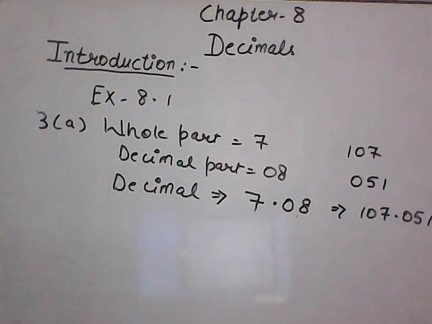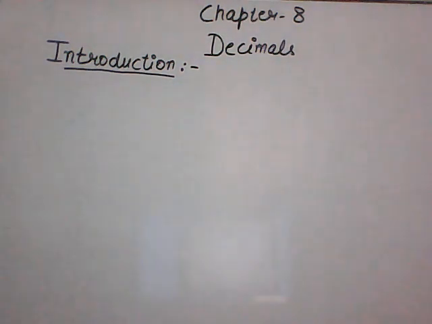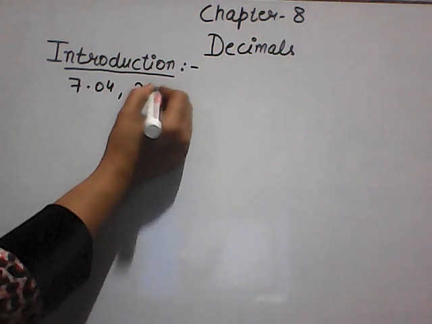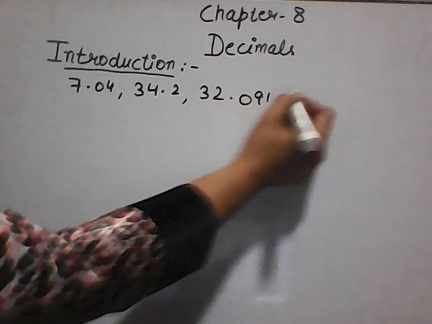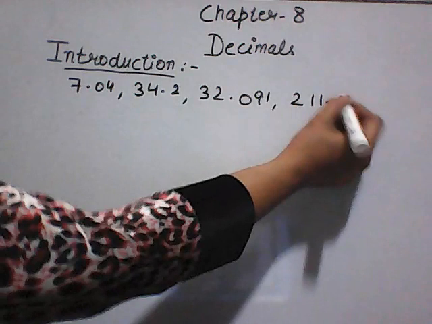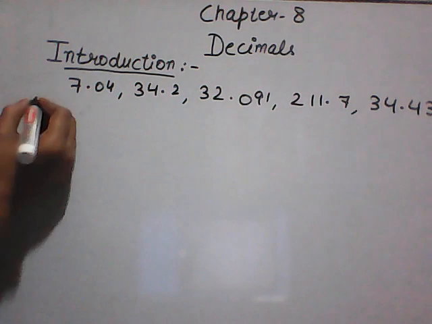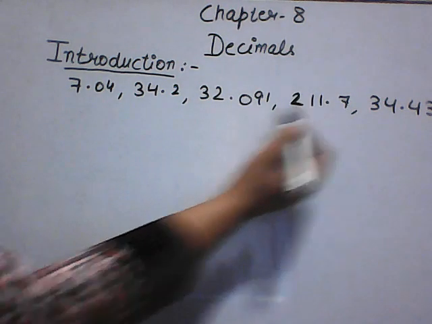Now in the next question you have to fill in the place value table. Some decimals are given to you and you have to place them in the place value chart. Suppose these are given to you: 7.04, 34.2, 32.091, 211.7, 34.43. Suppose these decimals are given to you and you have to make a place value chart. Here the highest place value is hundreds.